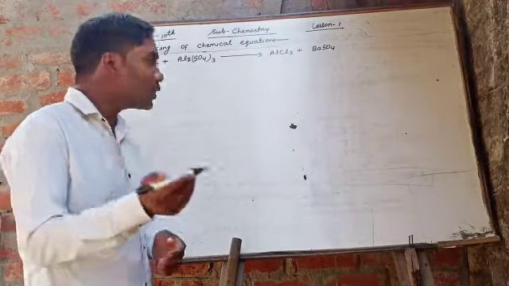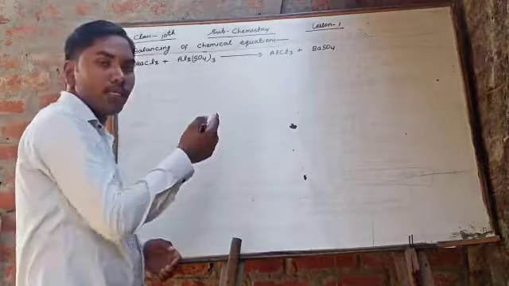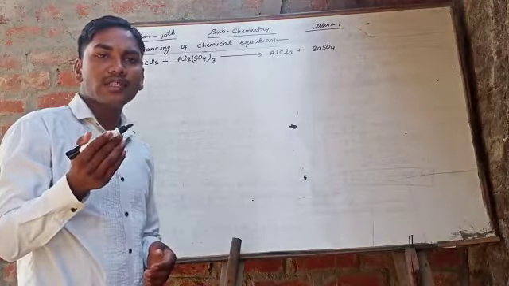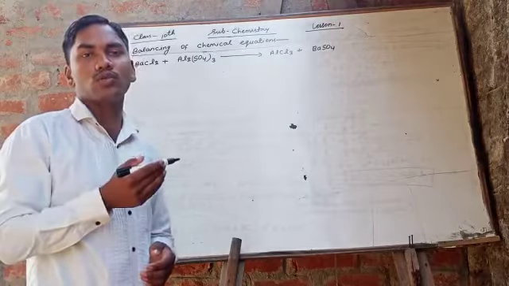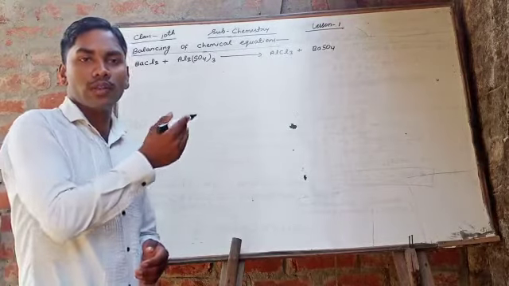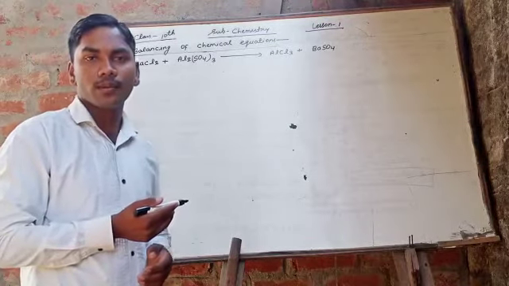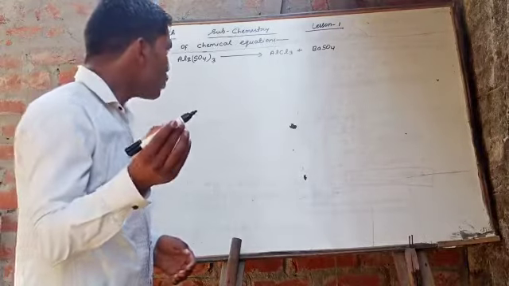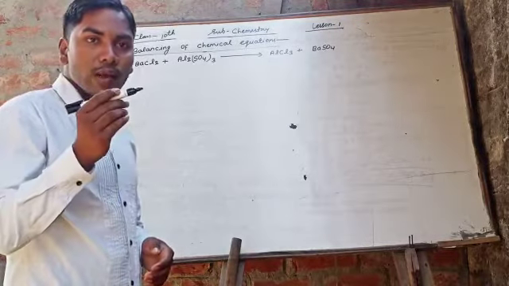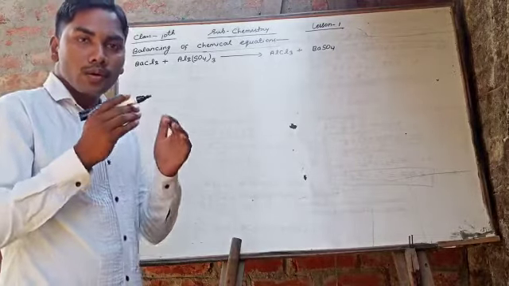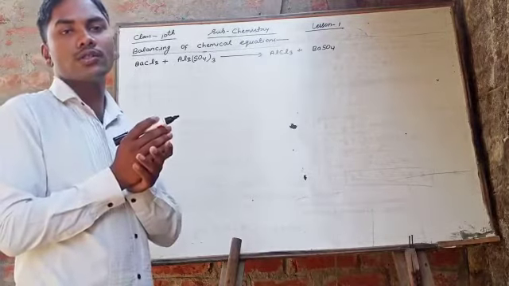I have taken an equation, and I will balance this equation and tell you the steps during the balancing process. First of all, we will have to make a box.